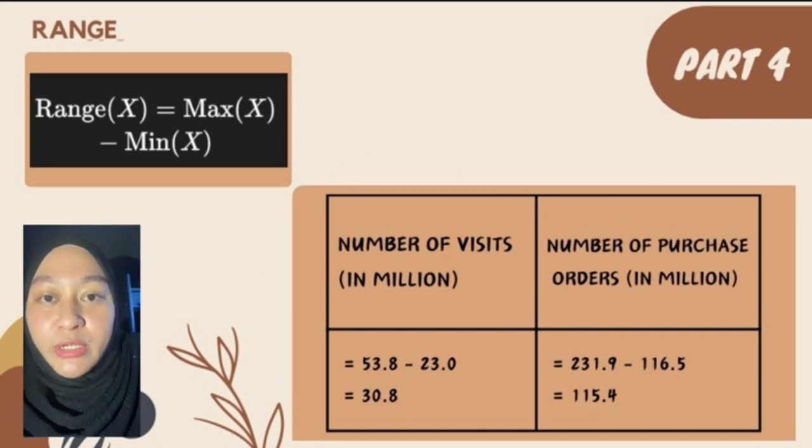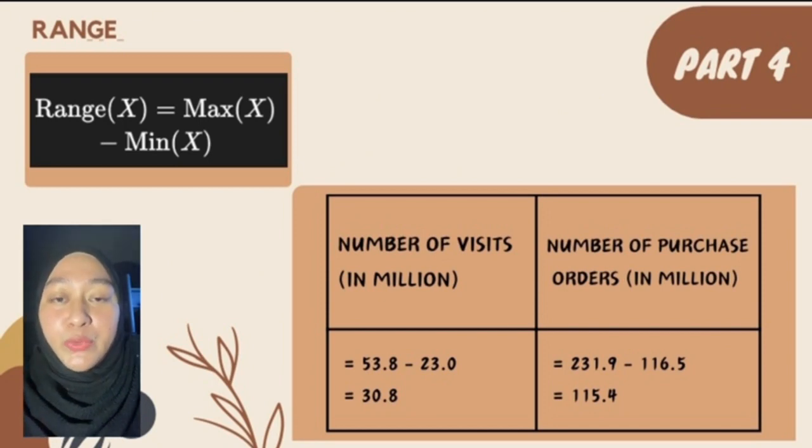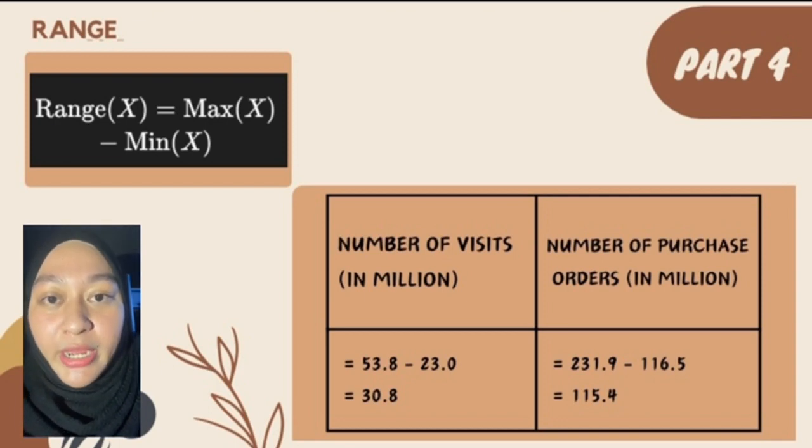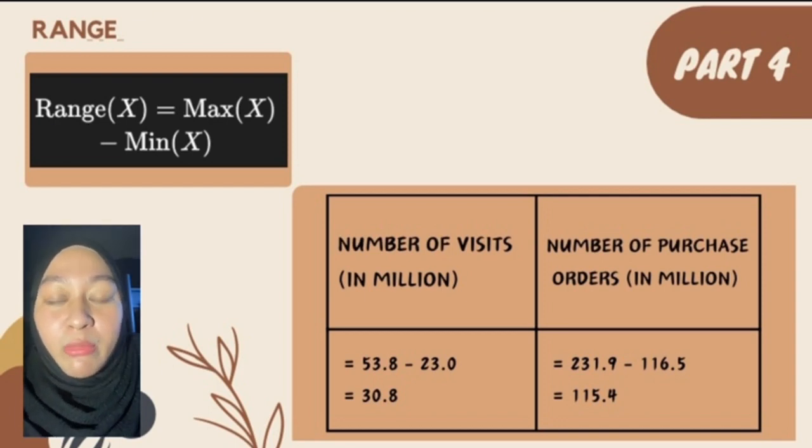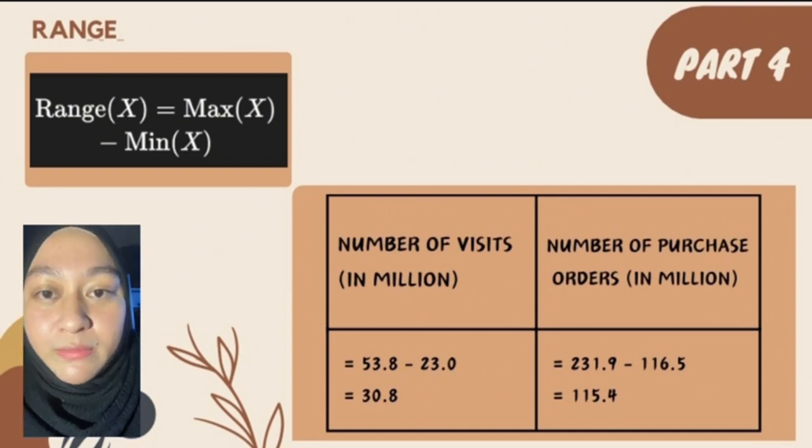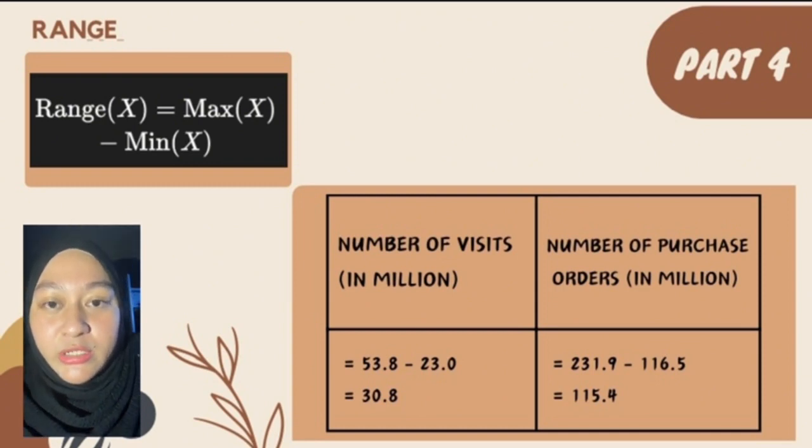We subtract the lowest value from the highest value. For number of visits, I got 30.8, and number of purchase order is 115.4. Range for number of purchase order is higher than number of visits.